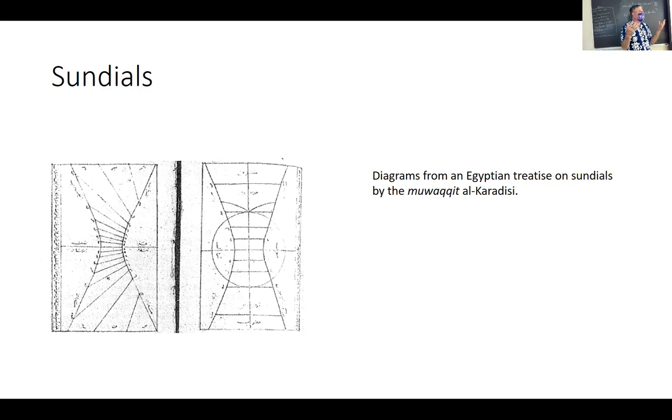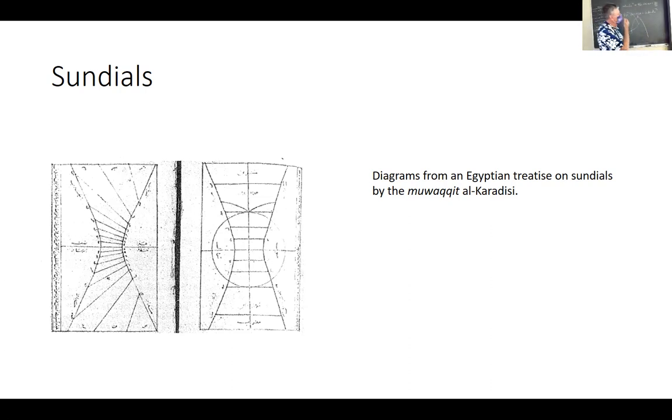Well, it's a problem of a conic section. You can think of the sun as the vertex of the cone, and the Earth's surface is a plane that cuts the cone. The path you get is going to be a hyperbola.